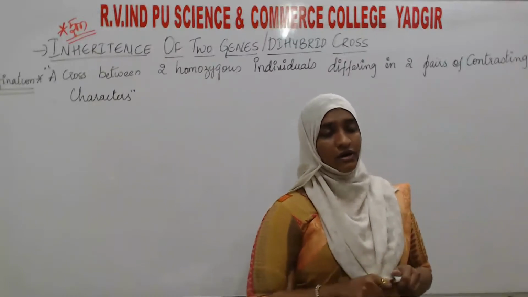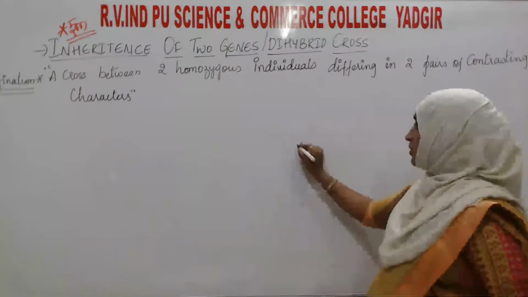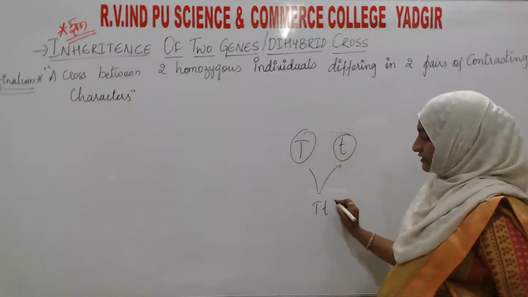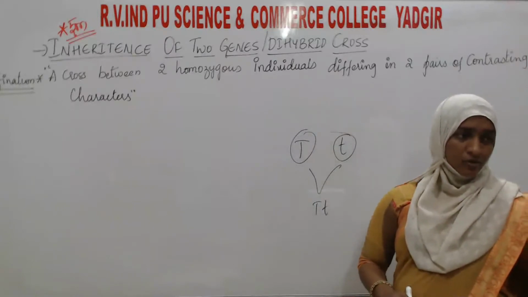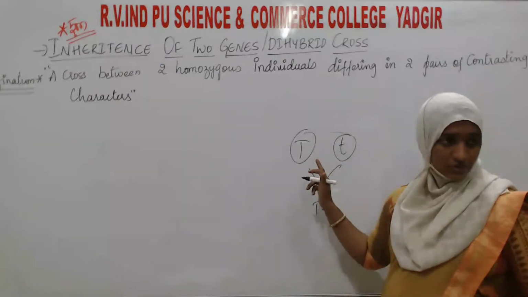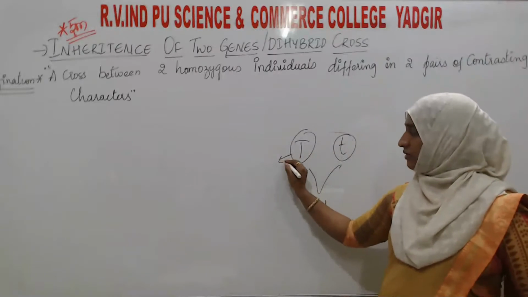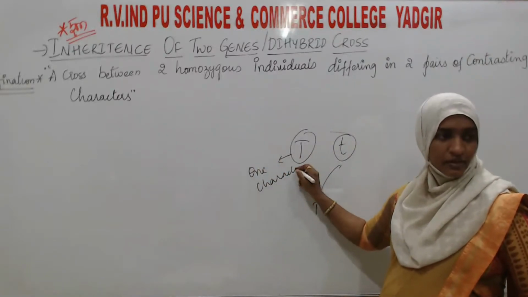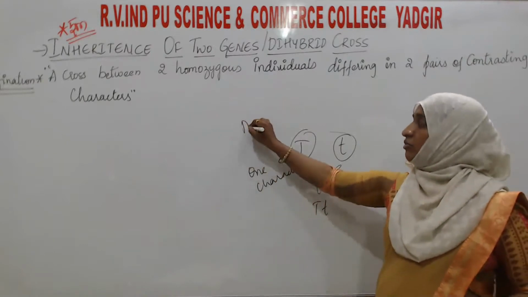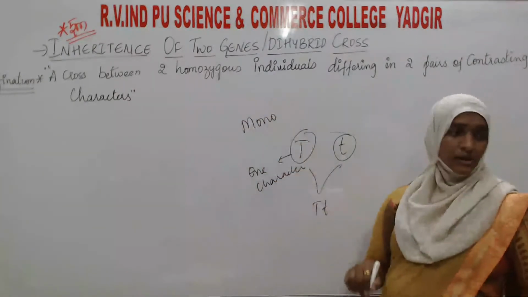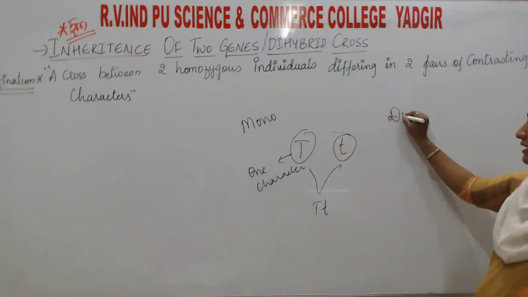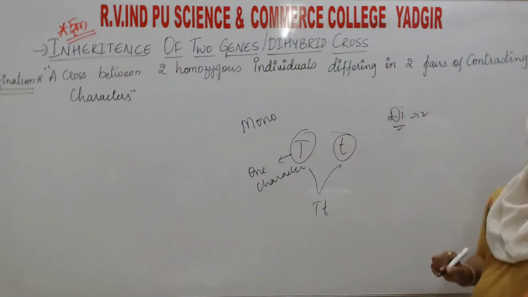In a monohybrid cross, only one gene is inherited to the next generation, only one gene responsible for one character. But in dihybrid cross, di means two.